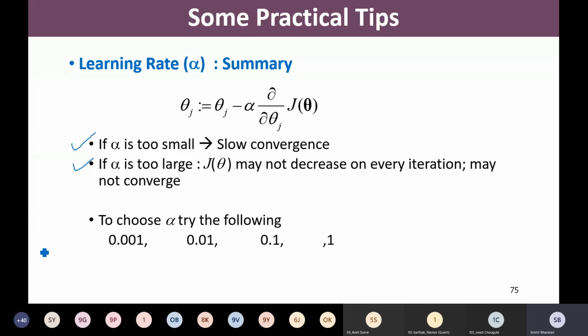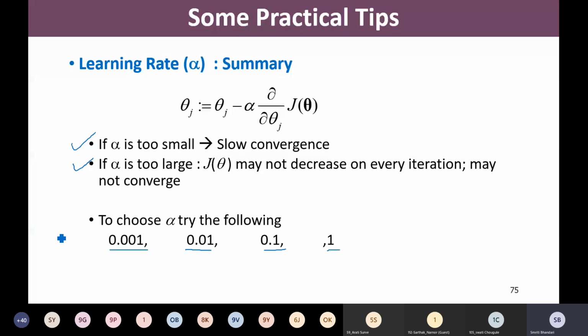And here is one practical tip for selecting the learning rate alpha. We may pick the alpha value 0.001 or 0.01, 0.1 and so on. So I may begin with a value of say 0.001.